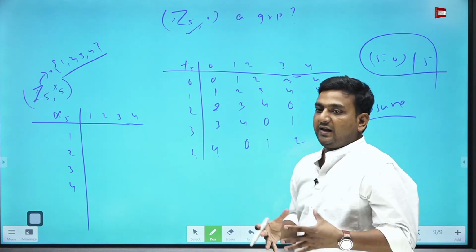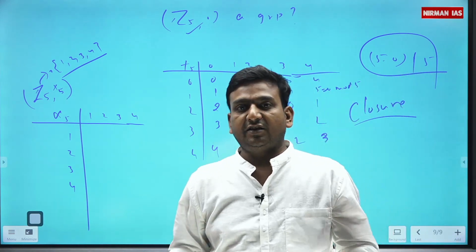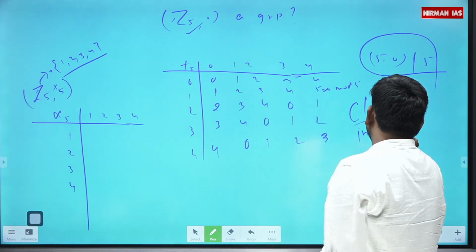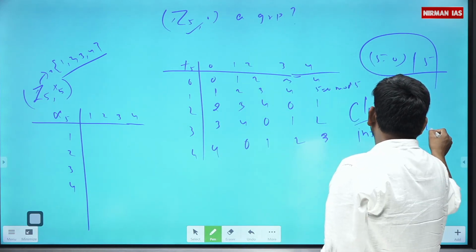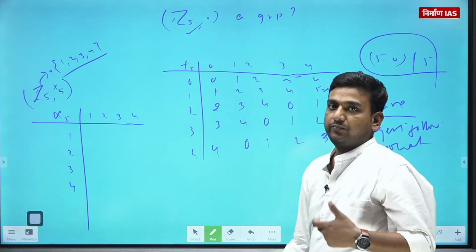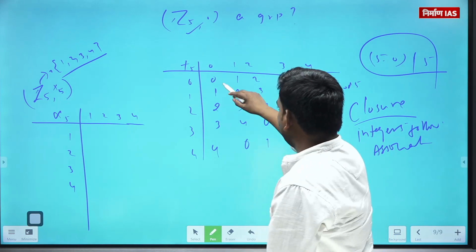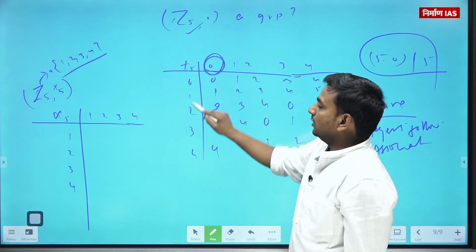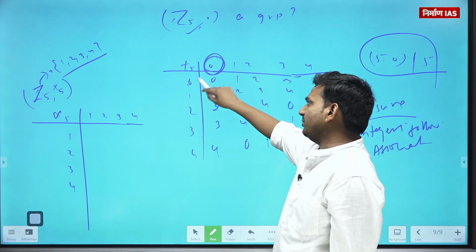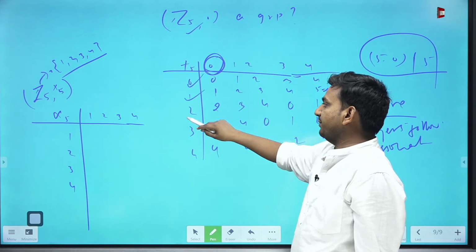Elements are nothing but coming from the integers, and integers follow associativity. Is that clear? 0 is such an element here which, being composed with any other element or with itself, gives that element itself.